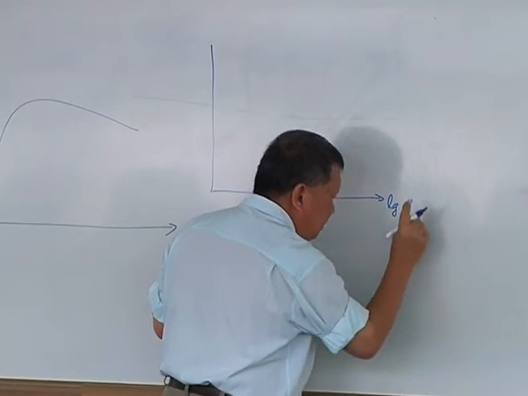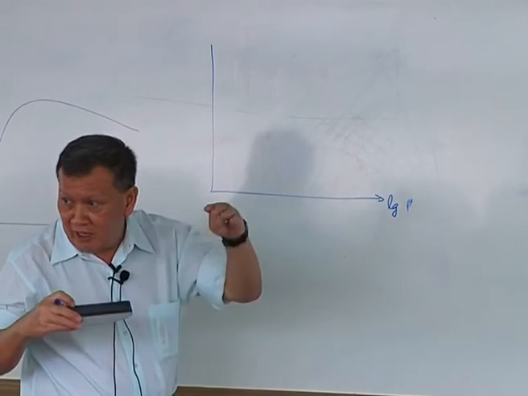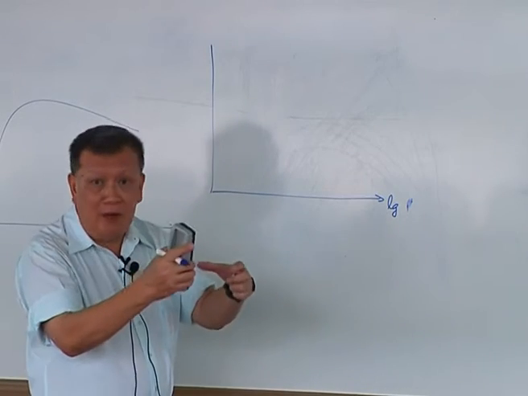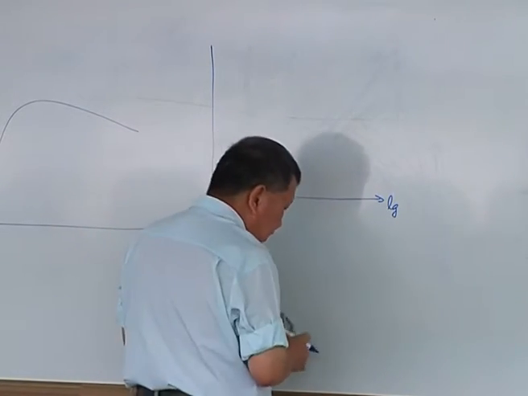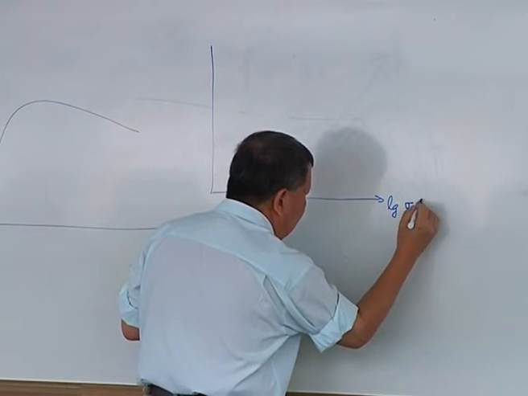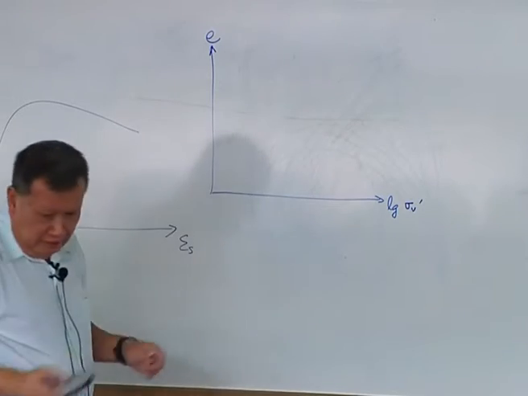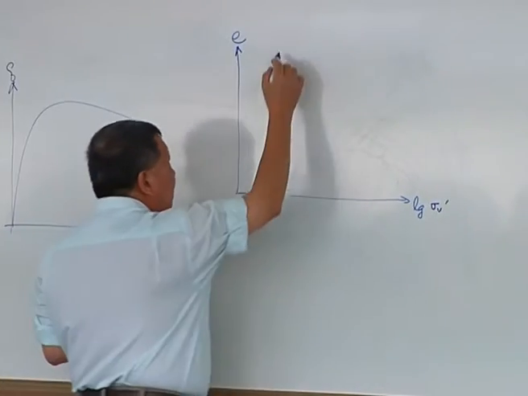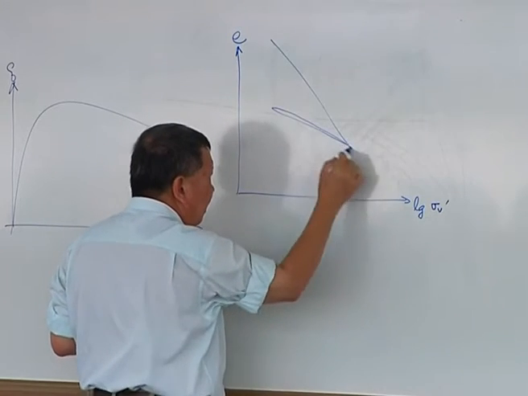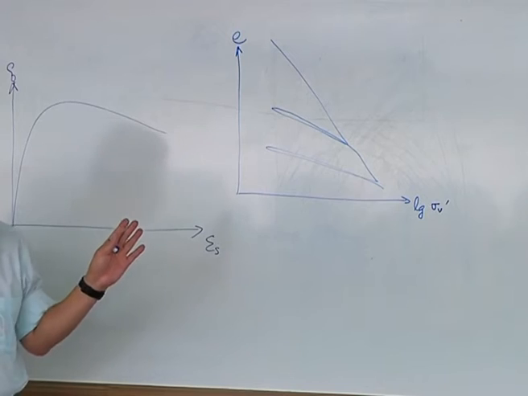We don't call it P, let's just call it sigma V dash, the vertical effective stress, because you are doing one-dimensional consolidation. And down here you have the void ratio. Actually, this is your compression space. You would have something that looks like that and then something like that. This really is the compression space.